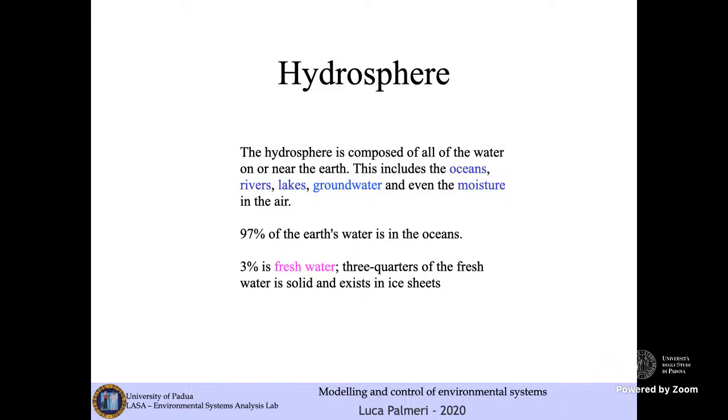So just to tell you that the oceans are a large reservoir of water. 3% is fresh water, and three quarters of this fresh water is solid and exists in ice sheets, on glaciers or in the polar areas.